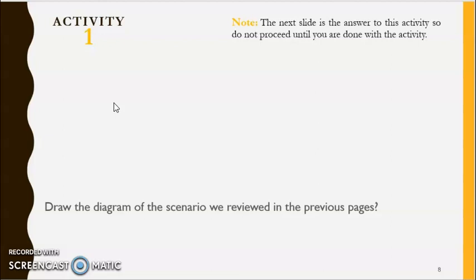So when you want to draw the network, let me give you some hints about that. Here again we have some origins and we have some destinations. The origins are something that supplies, supply.